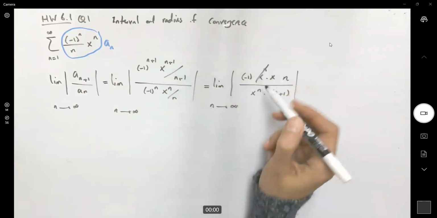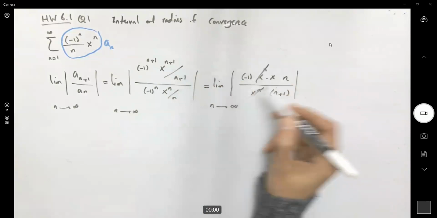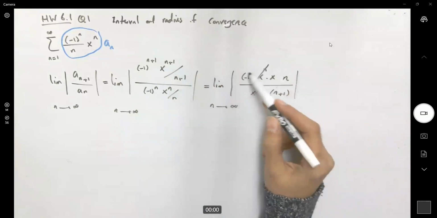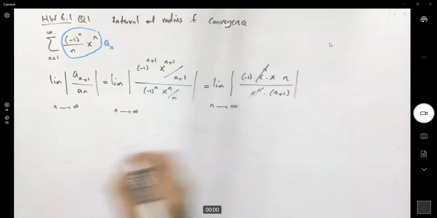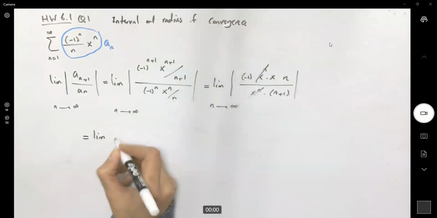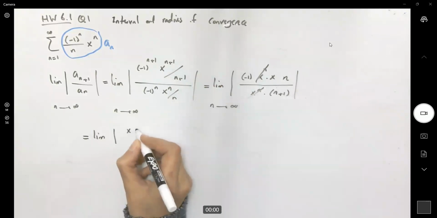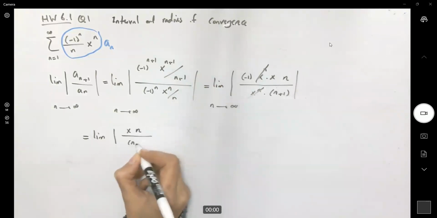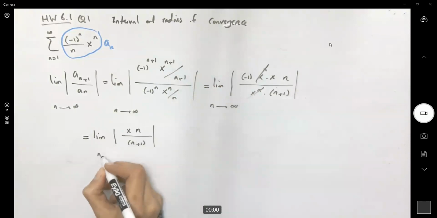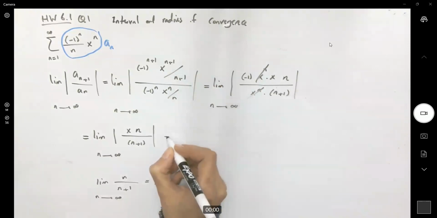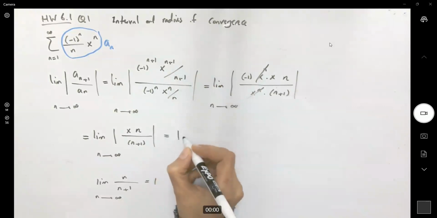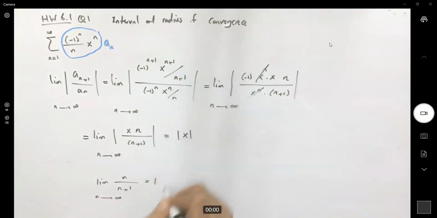Here you can cancel out x^n and x^n, and since you have the absolute value, the absolute value of -1 just becomes 1. So we have the limit of the absolute value of x times n divided by n+1. But as we all know, the limit of n over n+1 as n approaches infinity is equal to 1. So this becomes the absolute value of x.